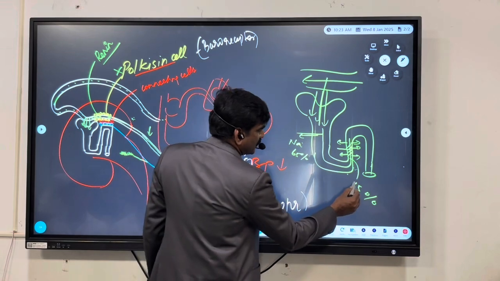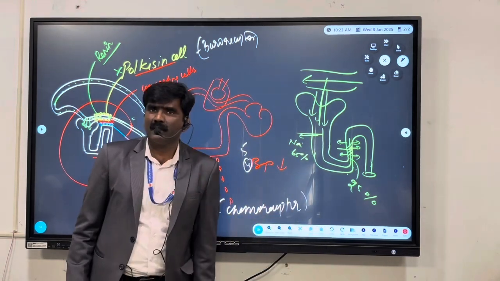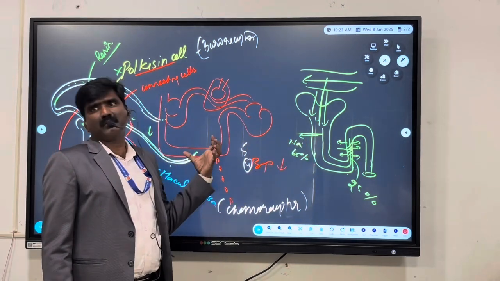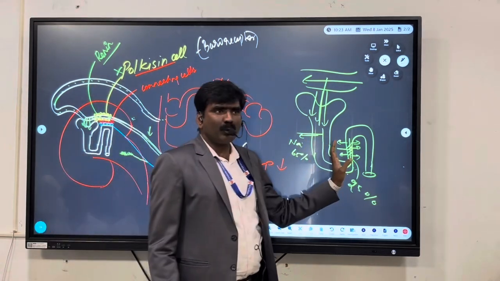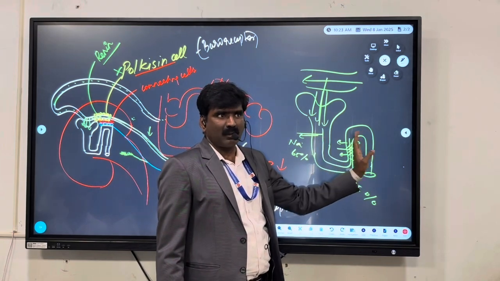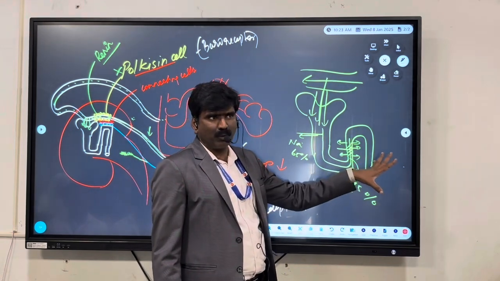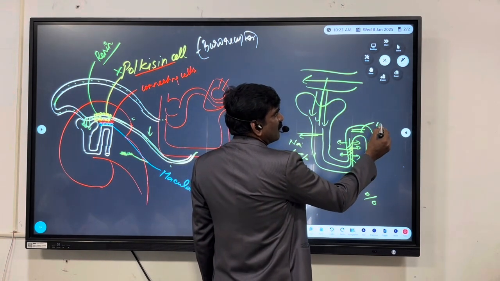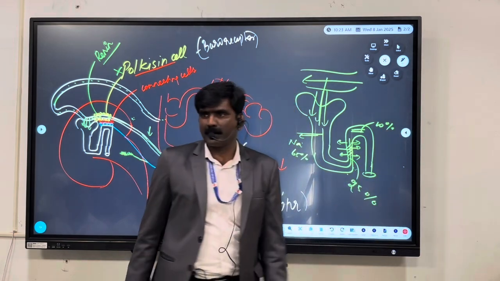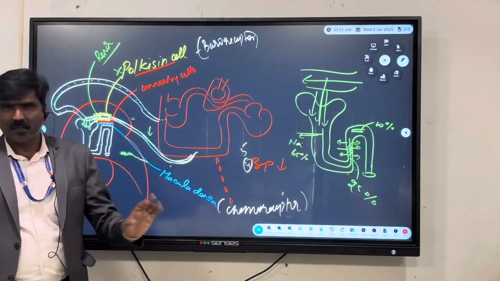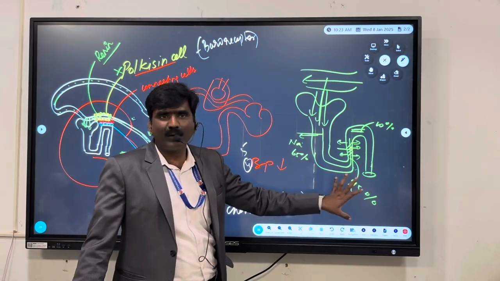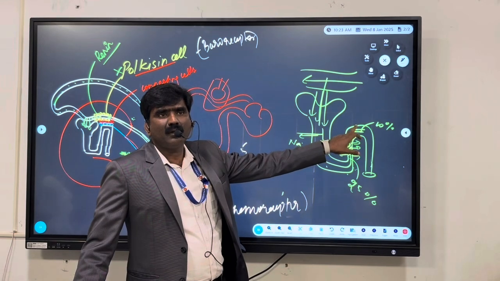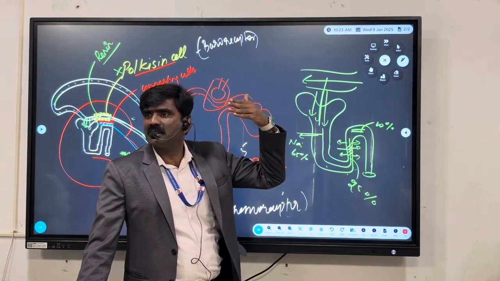Sorry, this is 25%, right? 65% of the sodium is reabsorbed in the proximal convoluted tubule and 25% is reabsorbed before the distal convoluted tubule, and by the time the fluid reaches here only 10% sodium is available, right? 65 plus 25, 90 हो गया. So by the time the fluid reaches here, 90% of the sodium is reabsorbed.